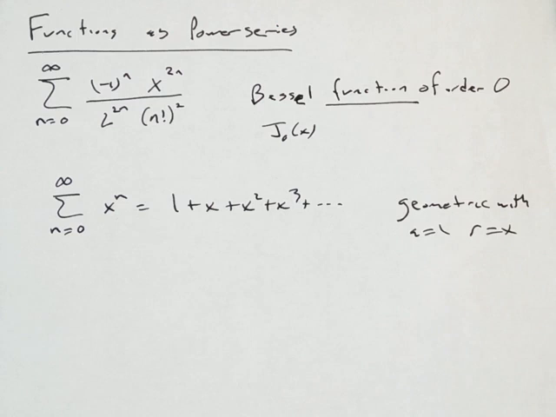You've seen the answer to both of those questions previously. They should be in your notes from Thursday. The sum is 1 over 1 minus x, right, because it's a over 1 minus r.